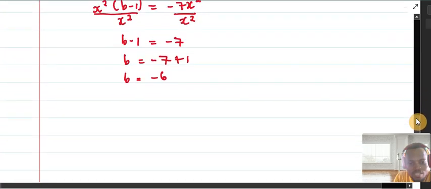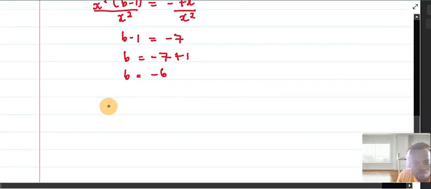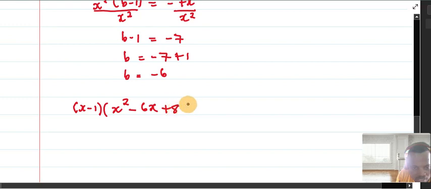Okay, seems as if you are winning now. Meaning you end up with x minus 1. Now you have x squared minus 6x, because you now know the value of b, plus 8 equal to 0.